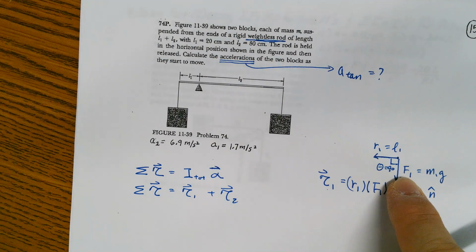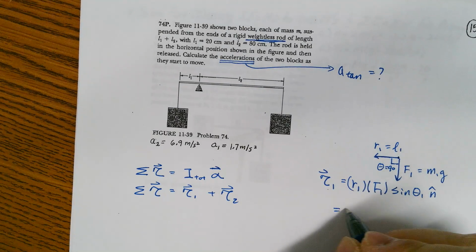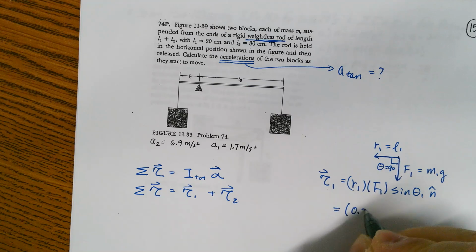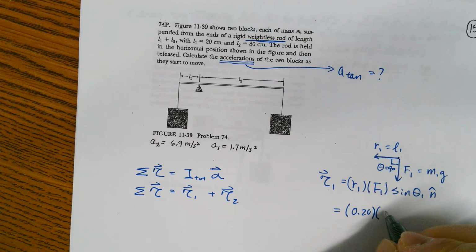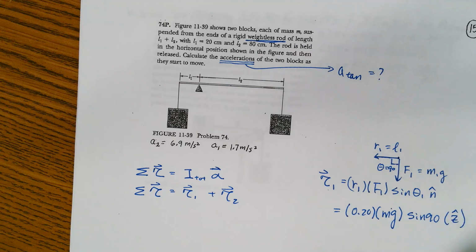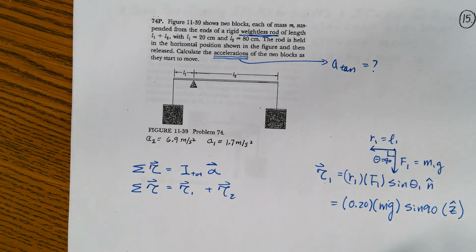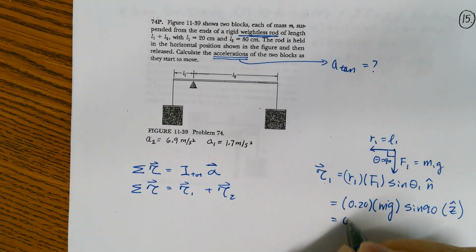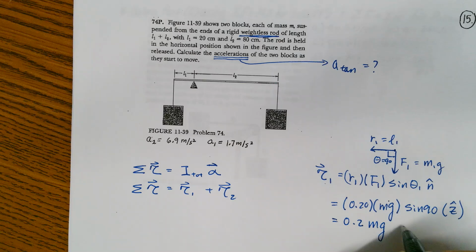R cross F gives positive z, correct. So R1 is L1, which is 0.20, times F1, which is just mg, times sine of 90, positive z hat. So I get 0.2 mg positive z hat.